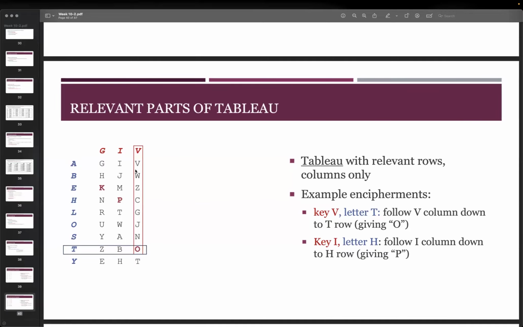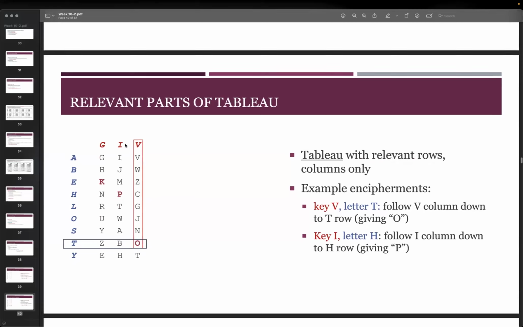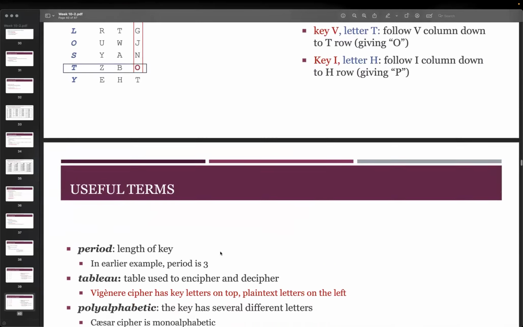We look at which column, the keyword, then go down to the row, and then we can match it.